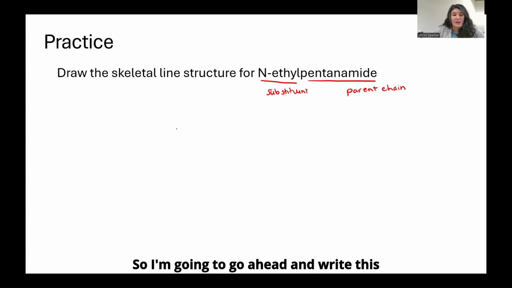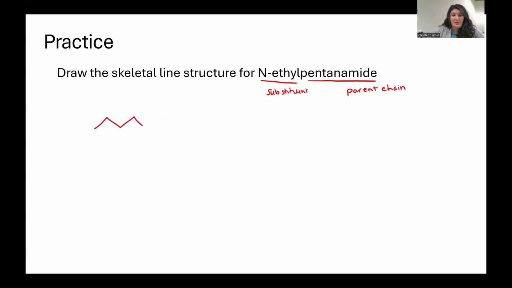So I'm going to go ahead and write this out as 1, 2, 3, 4, 5 carbons. The fifth carbon is bonded to a carbonyl carbon. It's an amide, so it's bonded to a nitrogen. The nitrogen is bonded to an ethyl group, which is 2 carbons.